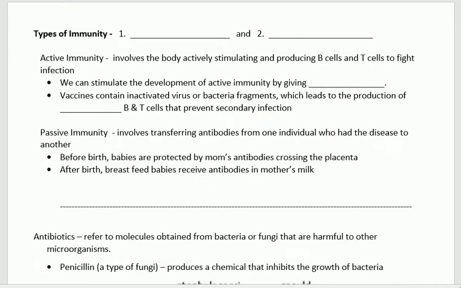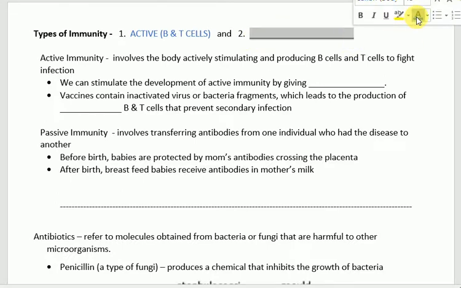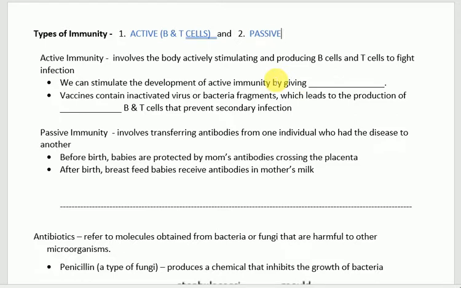So we have two types of immunity that we are going to look at. The first one is active, and this is going to be your B and T cells. And then we also have what is referred to as passive immunity. So active immunity involves the body actively stimulating and producing those B cells and T cells in order to fight infection.